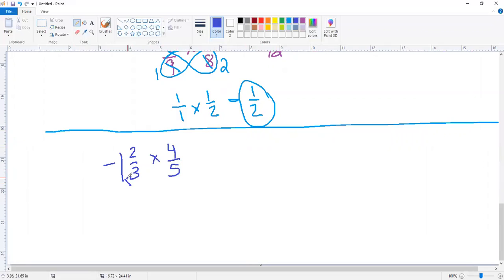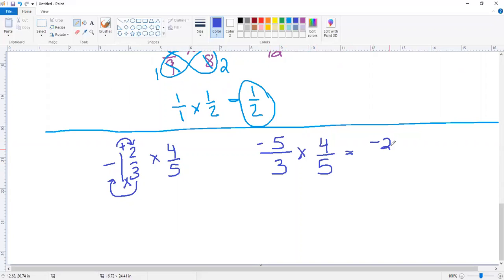So remember, we multiply 3 times 1, and then we add that number to 2. So 3 times 1 is 3, plus 2 is 5, and the negative sign just kind of goes out front. So we have -5/3 times 4/5.